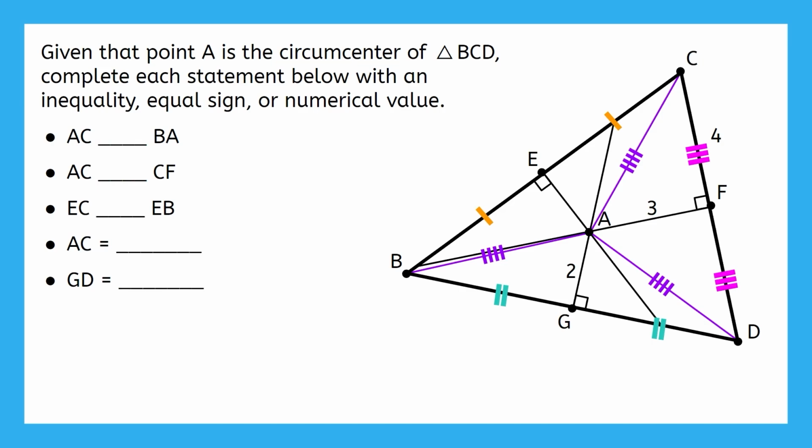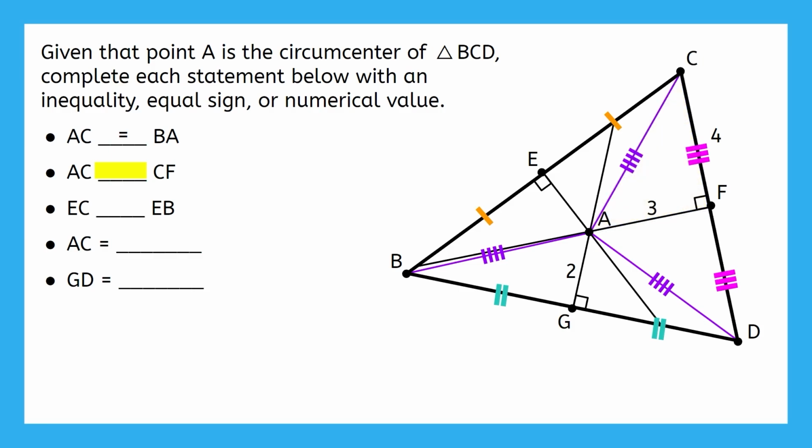All right, let's go through these to check your work and clarify anything that you may be wondering about. The first blank wants us to compare the lengths of AC and BA. We already figured out when we put these markings here that they're congruent, so this makes their lengths equal to each other. Our next comparison is between segments AC and CF. Remember this right triangle I showed you earlier?